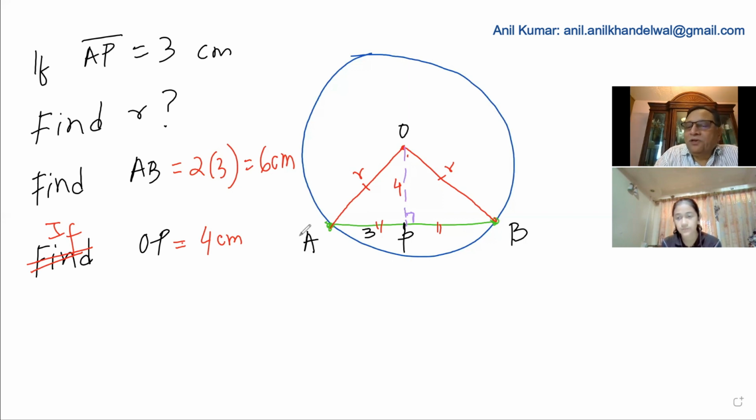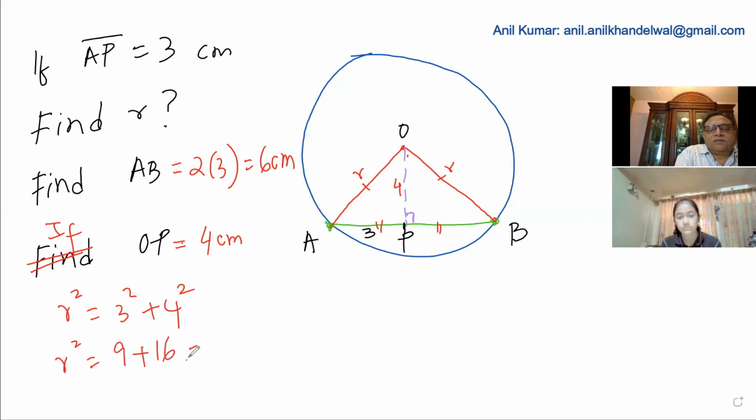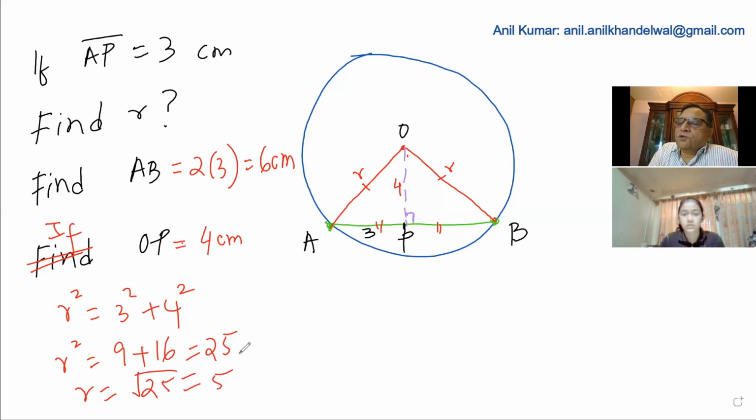No, R is the hypotenuse. So R square will be equal to 3 square plus 4 square, which is 9 plus 16, which is 25. So R will be equal to the square root of 25, which is 5. So using the Pythagorean theorem, you could have solved this.